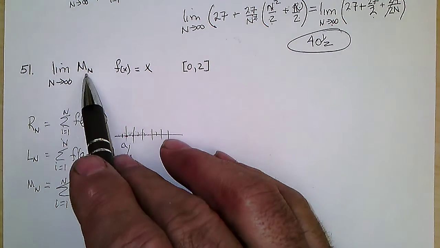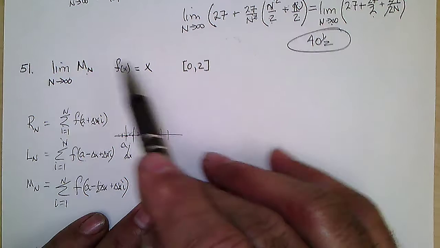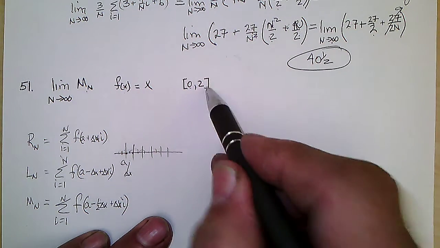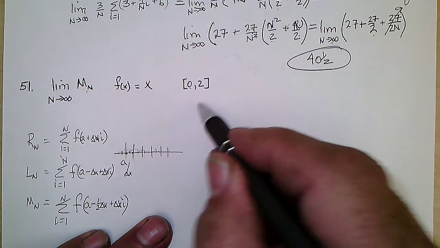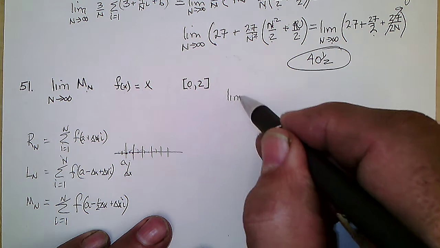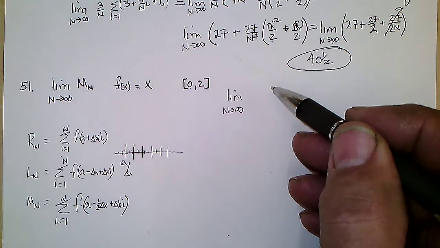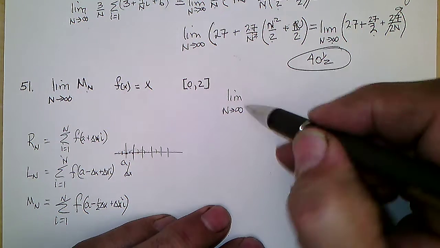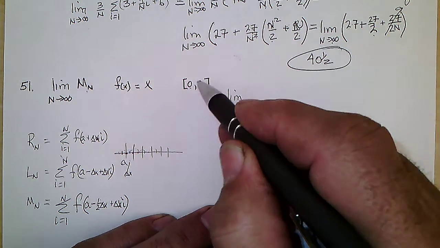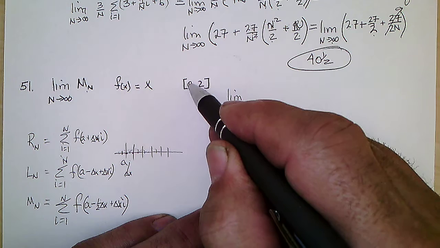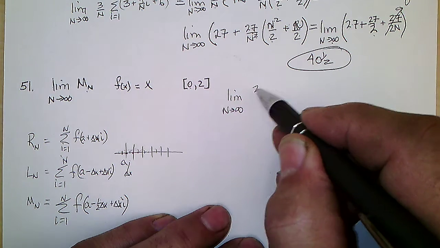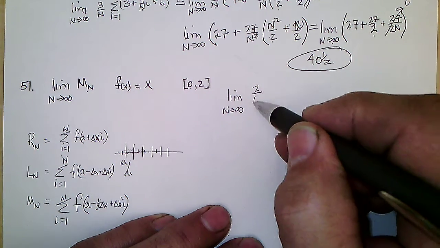So if I want to do midpoint here, for this function, from 0 to 2, I'm going to have the limit as n goes to infinity of the width of the interval, which is 2 minus 0, which is 2 over n.